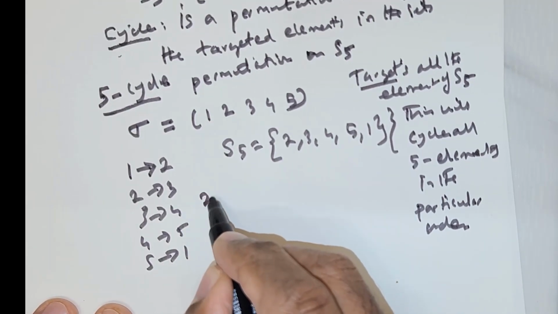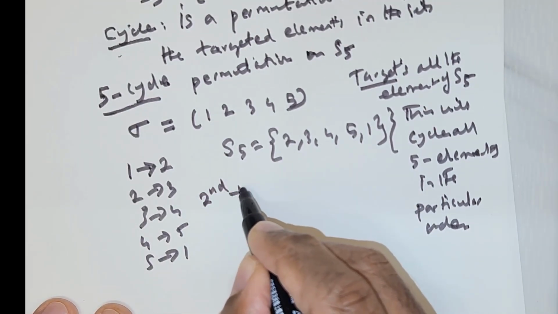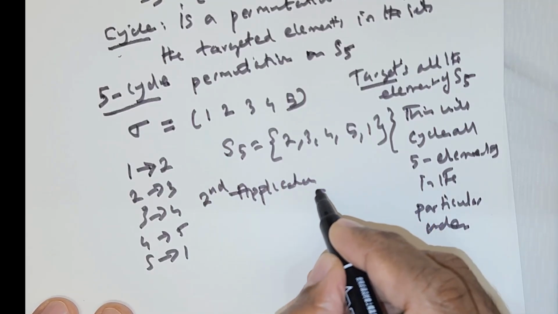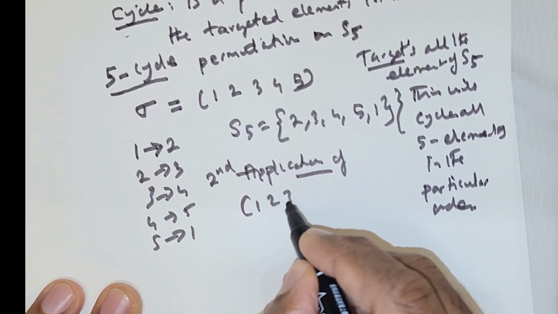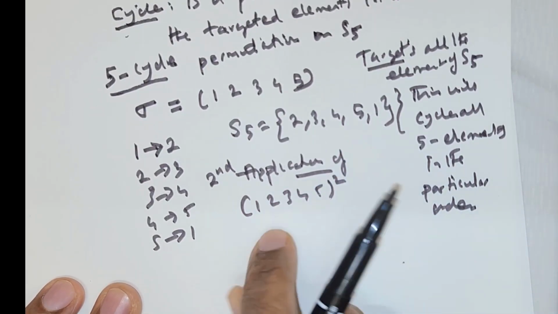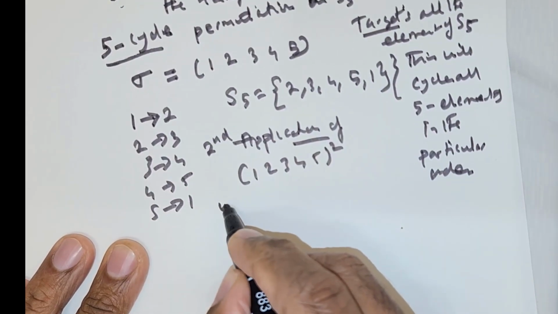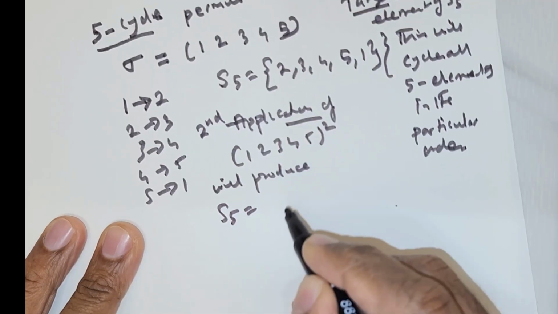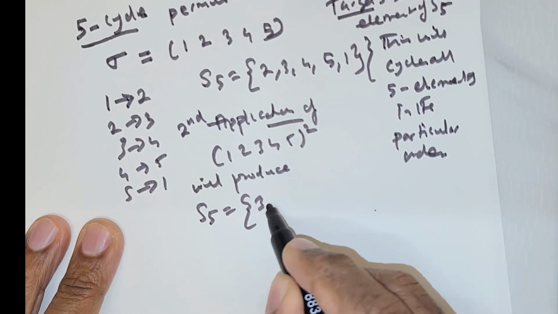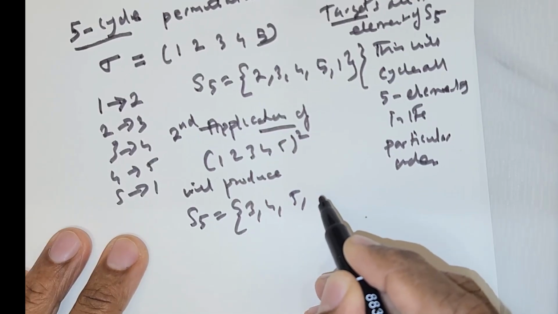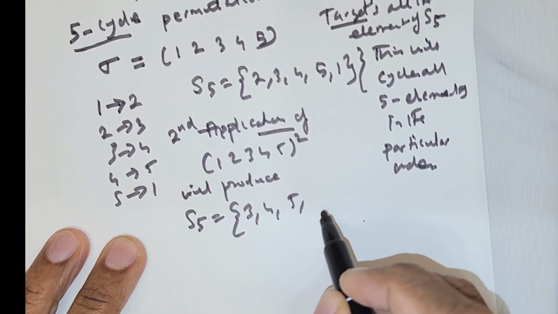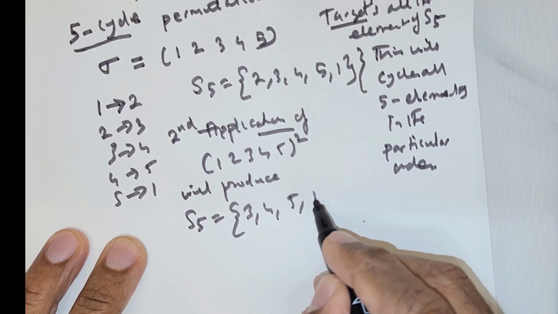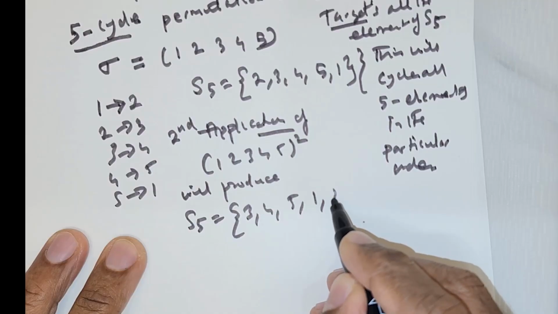Now the second application, let me write that down. Second application of (1, 2, 3, 4, 5) squared will produce my new S5 to be 3, 4, 5, and then the next elements are going to be 1 and 2.